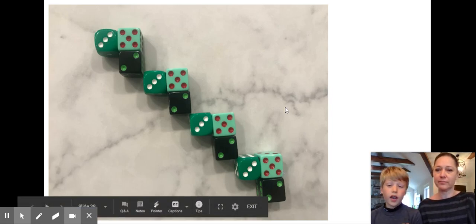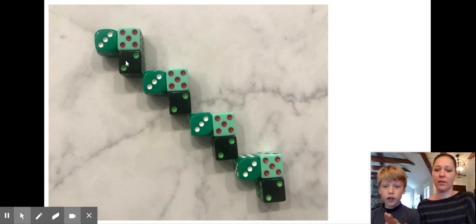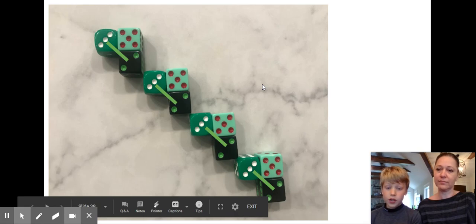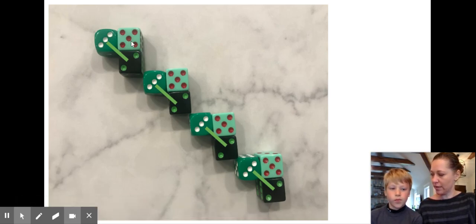Okay. And then I saw on the bottom there was 3 and a 2, which equals 5. Oh, I see that there. And 3 and a 2, and 3 and a 2, and 3 and a 2. So that would be another 4 5s. Oh, so you had 4 5s over here and 4 5s over here. That's what you were thinking about.